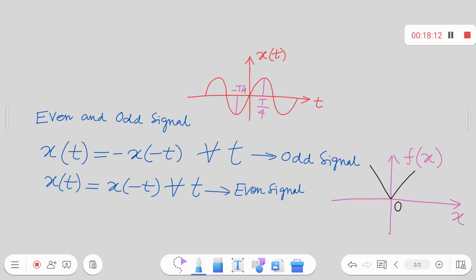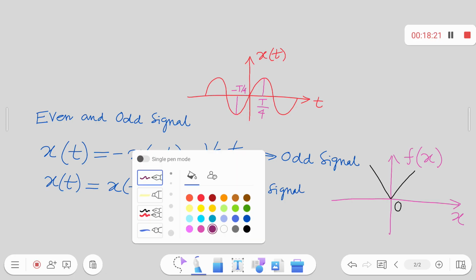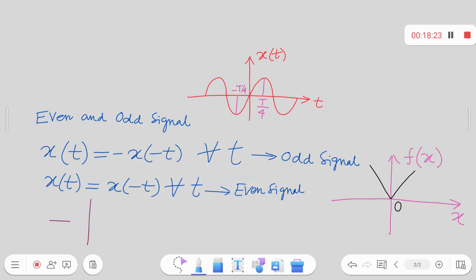Now it is also possible that this is not true for all values of time. Suppose I draw a signal like this. This is time, this is x(t). I can always draw a signal like this.